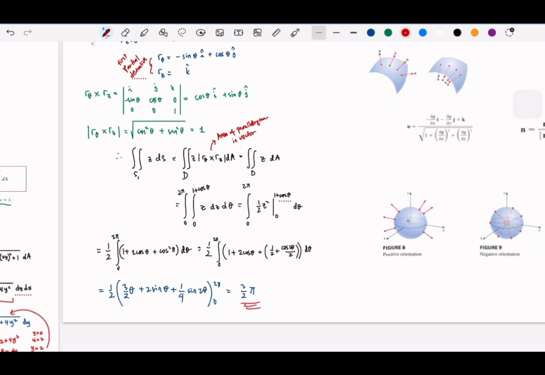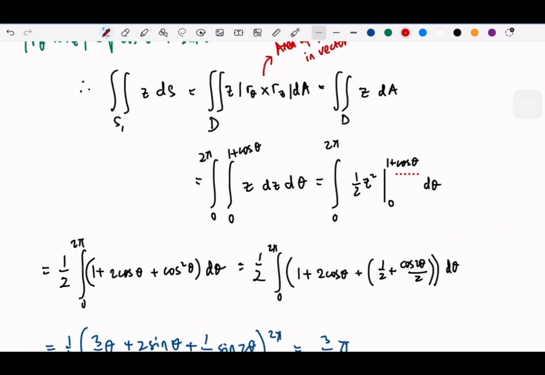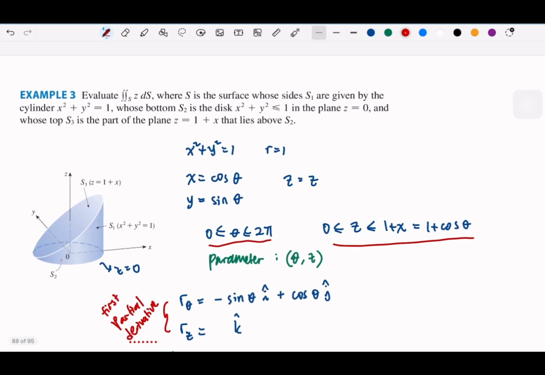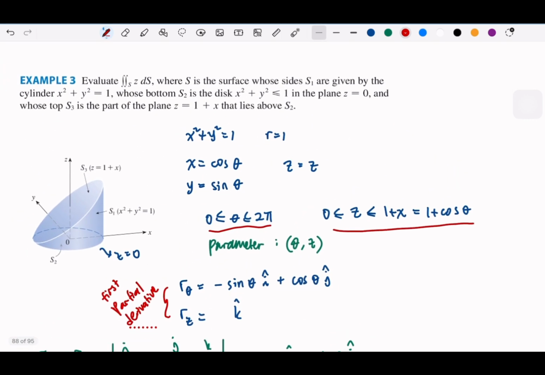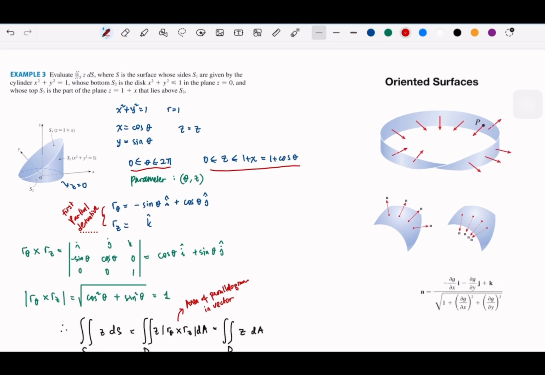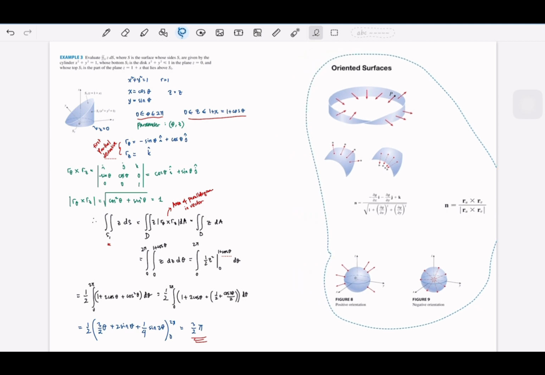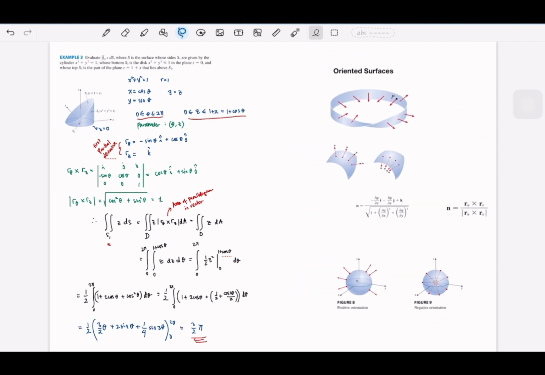But this is not yet completed. This is only for S1, because S is made of S2 and also S3. So we are going to see if we can get the other parts as well.